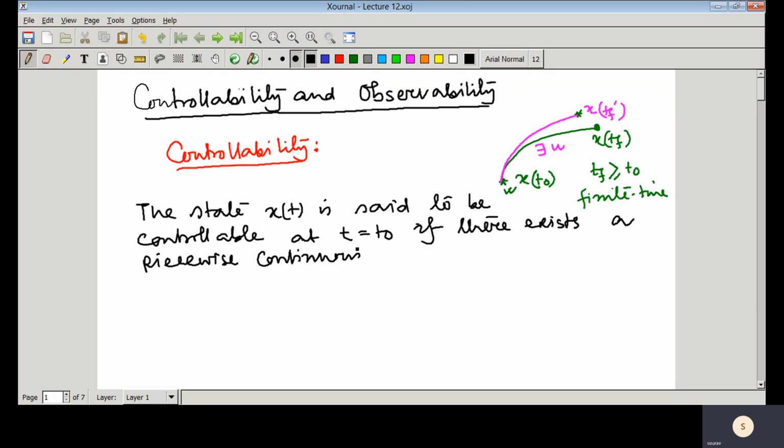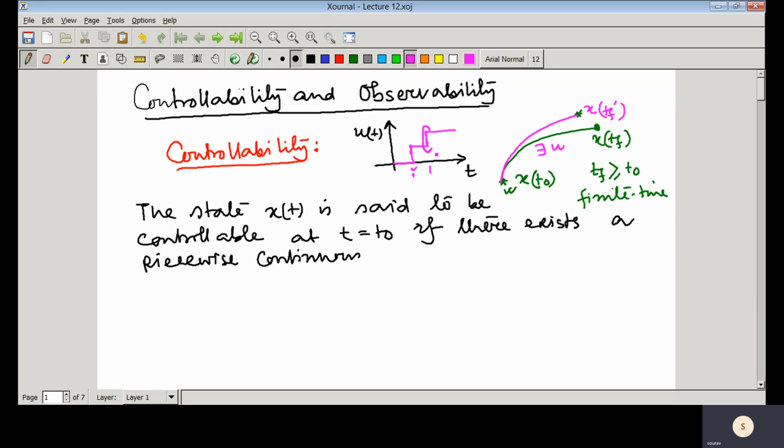signal. Piecewise continuous signal means, suppose this is t and here you have u(t). So piecewise continuous means you may have a control input like this one. That means even if there is some discontinuity at that point or at that point, from this point to that point it is continuous, but there is some discontinuity.